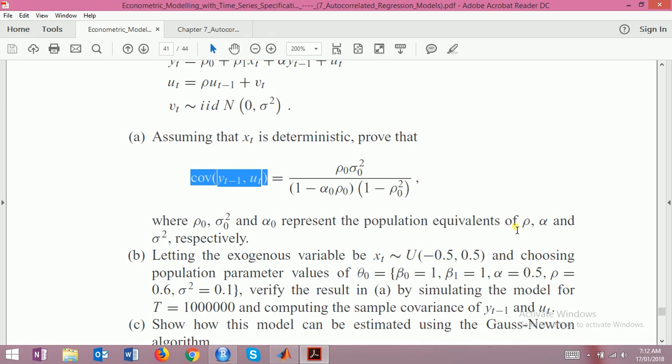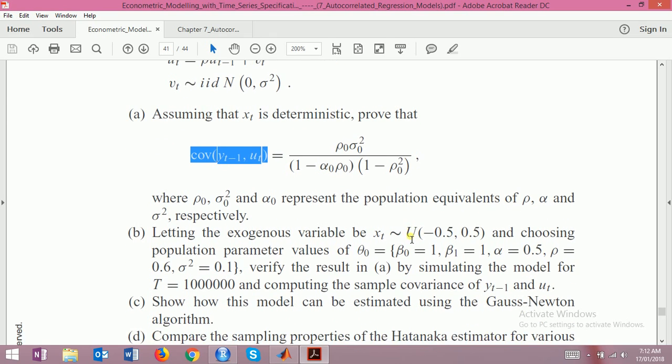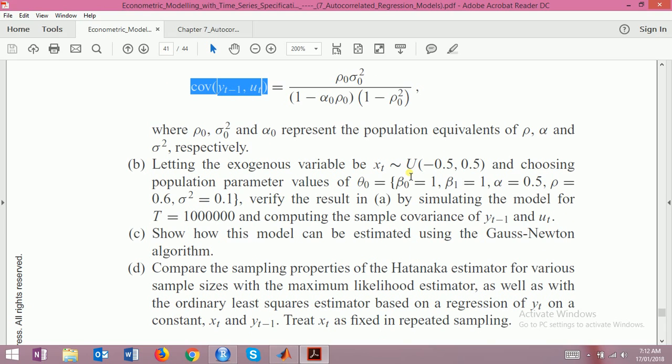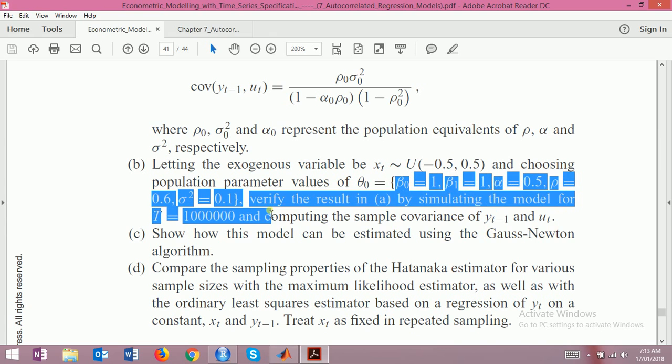Let the exogenous variable be deterministic with mean minus 0.5 and variance 0.5. Population parameter values of theta naught are beta naught, beta 1, alpha naught.